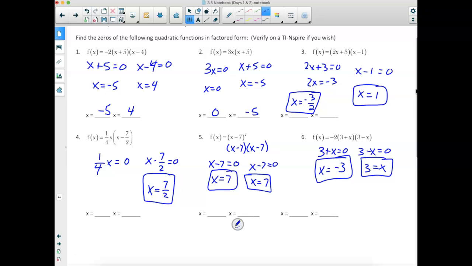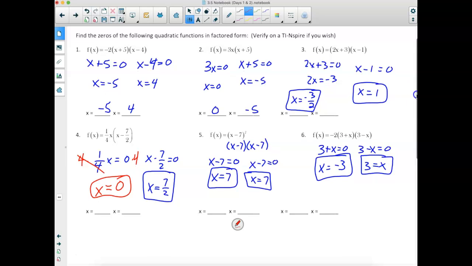Now, if you look at number 4, if I asked any student, I got 1/4 x equal to 0, how do you solve that? They're going to say divide by a 4th. No, don't divide by a 4th. Kill fractions. You want to multiply both sides by 4 to kill that, to get x equals 0 times 4 or 0, okay? Multiply by the denominator of the fraction to get rid of it.